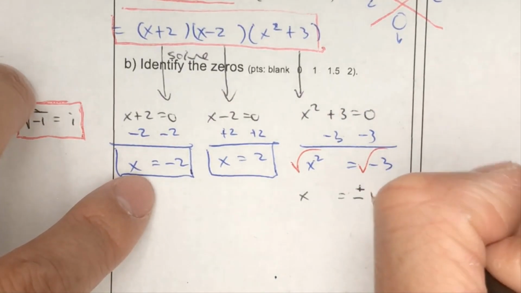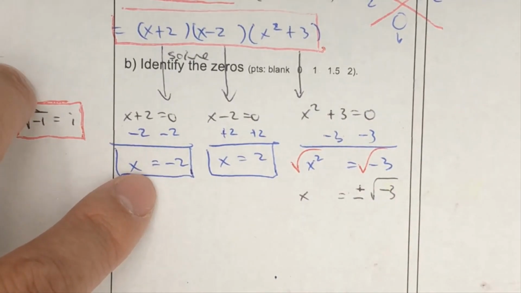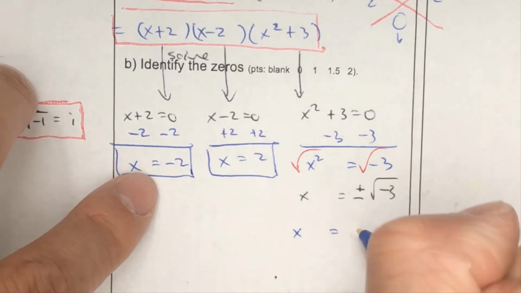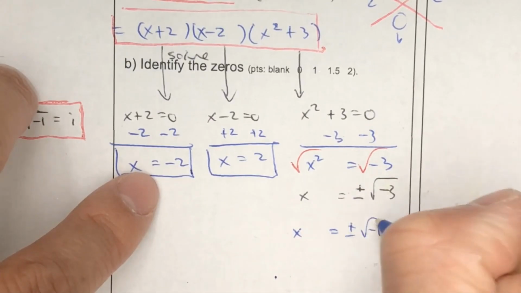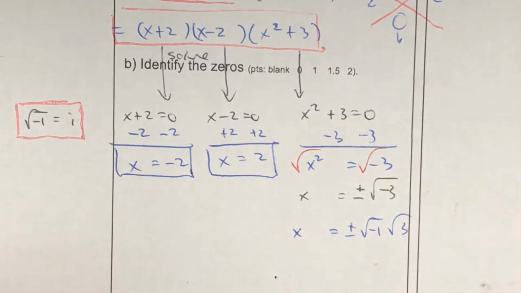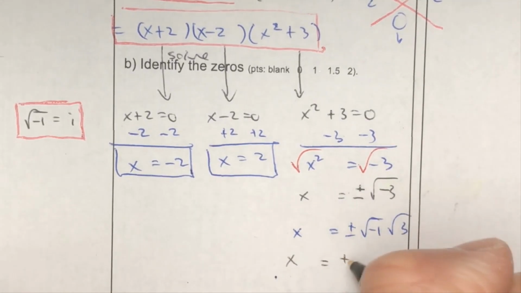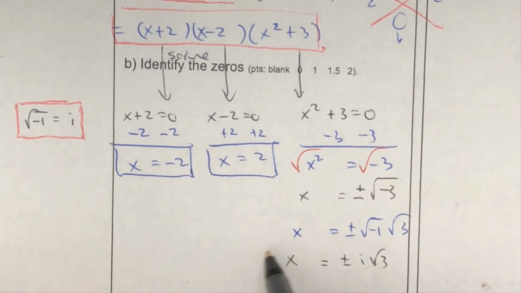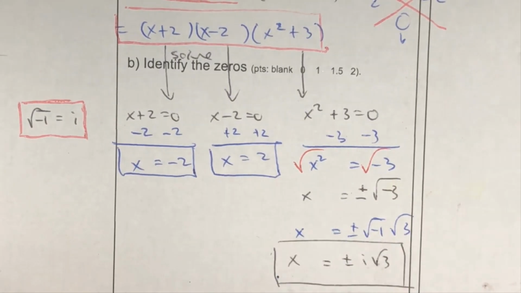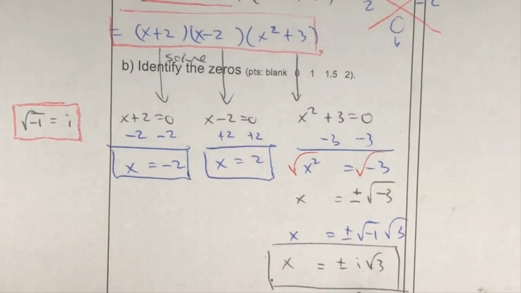And then you have the square root of -3, and the factors are -1 and 3. Square root of -1 is i. So this zero is x equals plus or minus i radical 3.